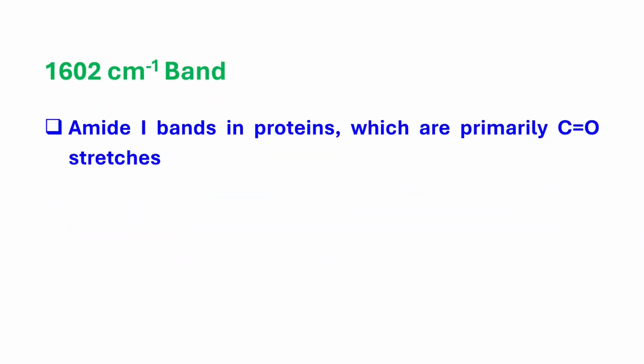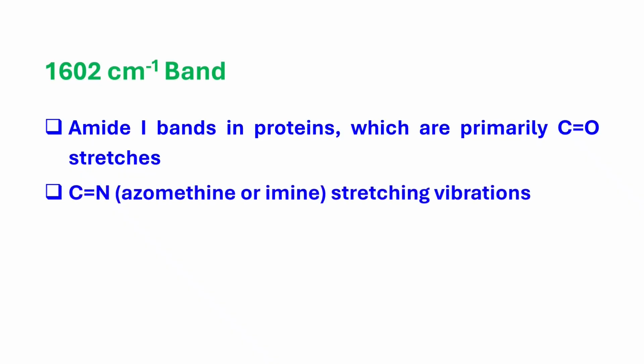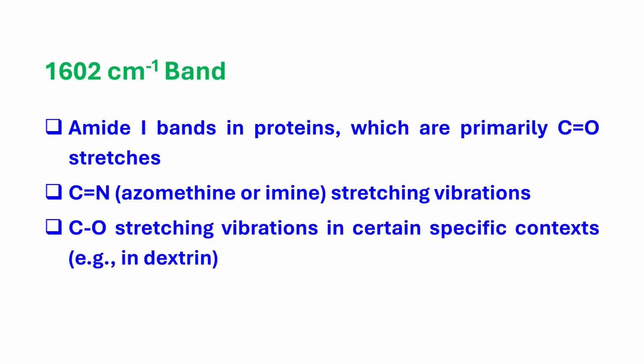Other possible sources are amide I bands in proteins, which is primarily carbon-oxygen double bond stretches, carbon-nitrogen double bond, azomethine or imine stretching vibrations, and carbon-oxygen stretching vibrations in certain specific contexts, for example in dextrin.